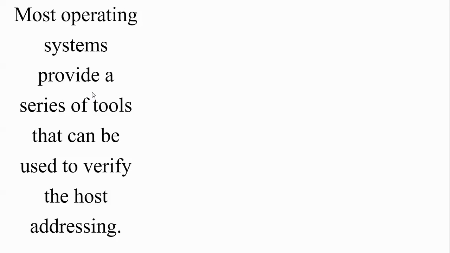Most operating systems provide a series of tools, or facilities, to verify the IP address of that particular machine, whether it is a biometric device, a CC camera, or an operating system like Windows XP or Linux. So same thing here.